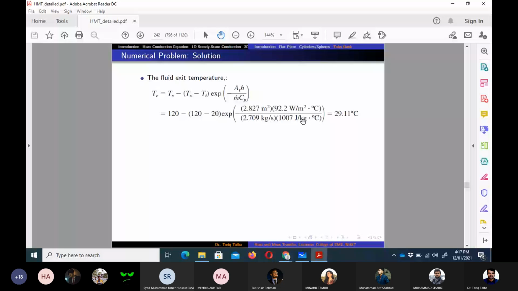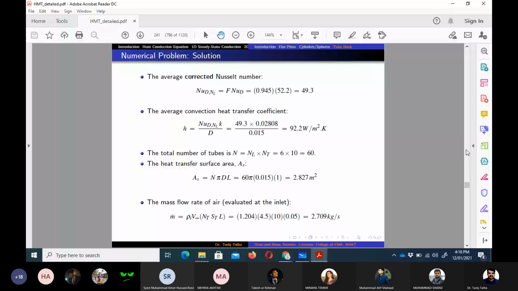This is a common mistake which many students make when they read the data. If it is in kilojoule, then you need to convert into joules. Then the h value is 92.2. If we do that, Te comes out to be 29.